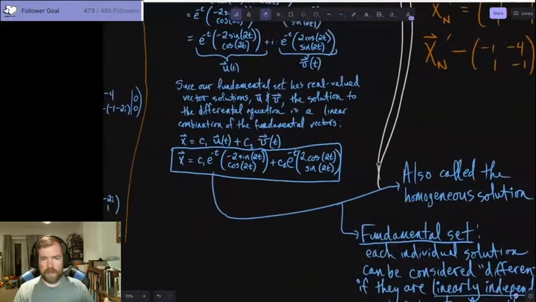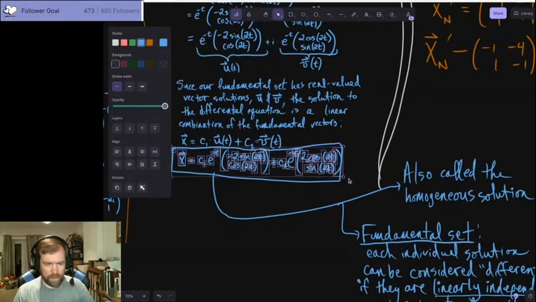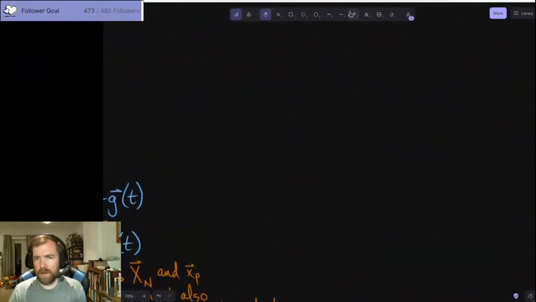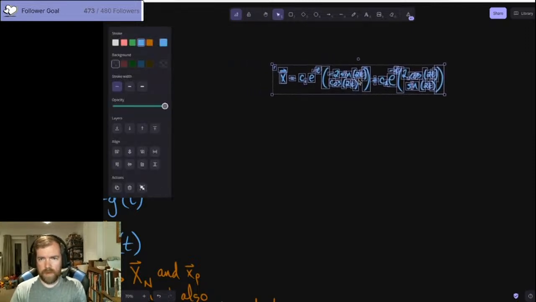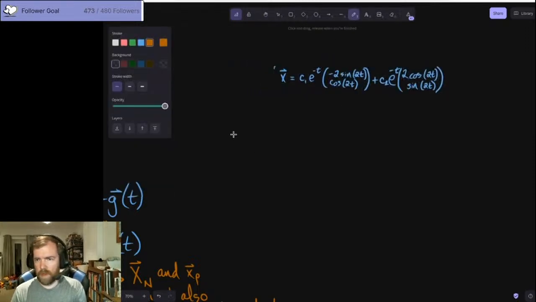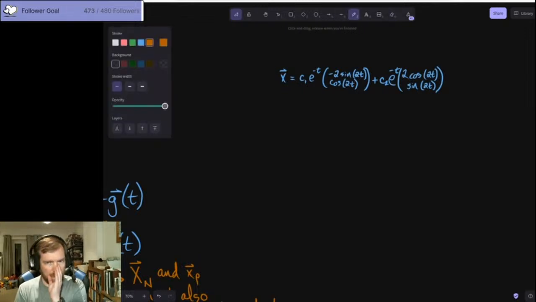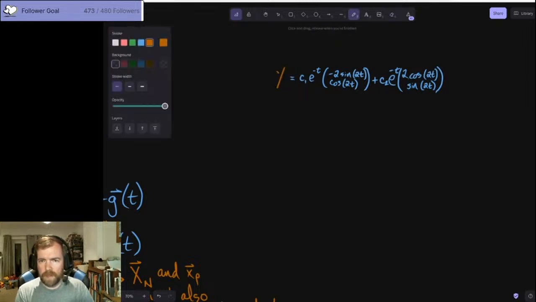Let me just copy that over here, and give it the larger x sub n null space solution mark.